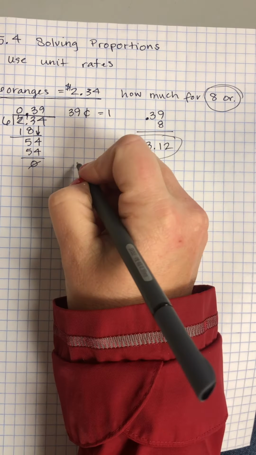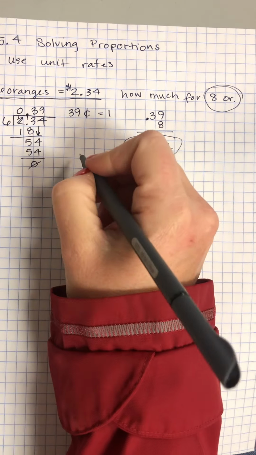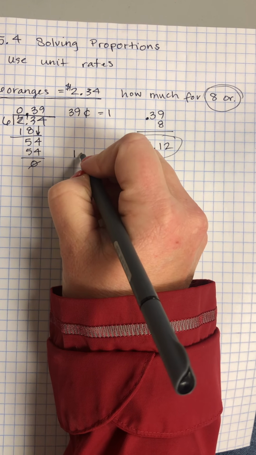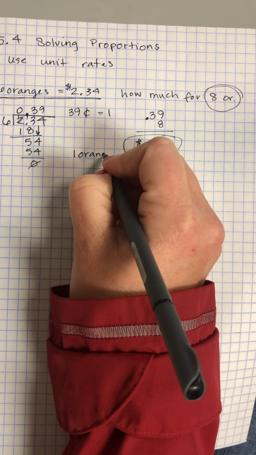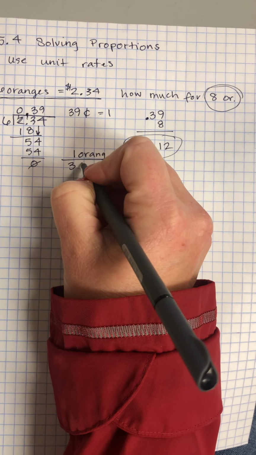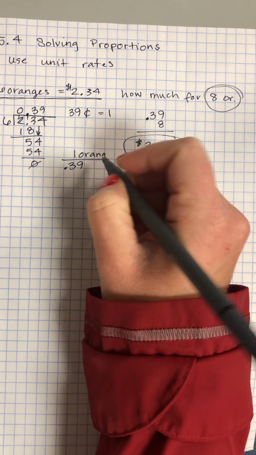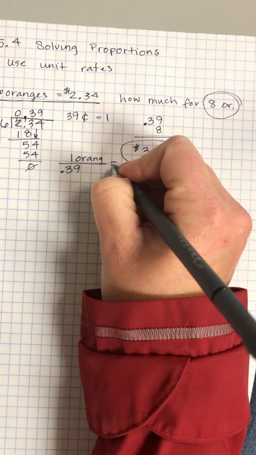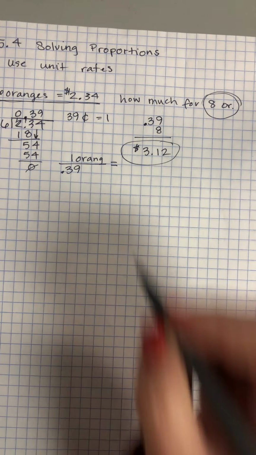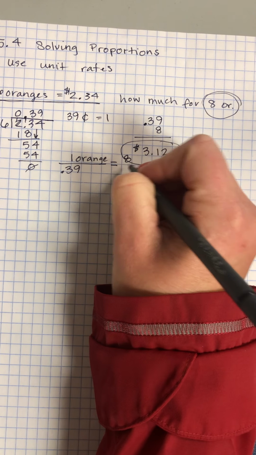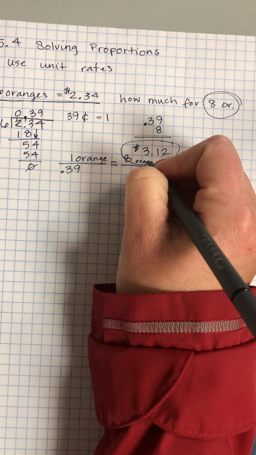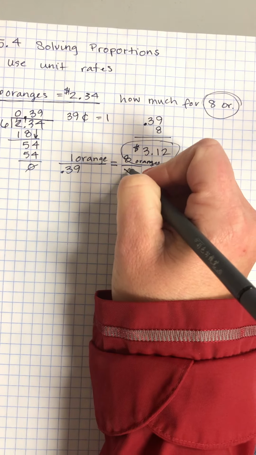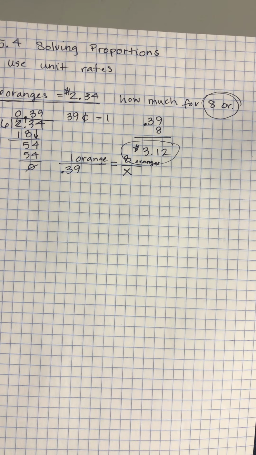In a proportion, once we've reduced our fact, that means we have 1 orange over 39 cents, right? Is equal to 8 oranges. We're trying to figure out the price, which was missing.